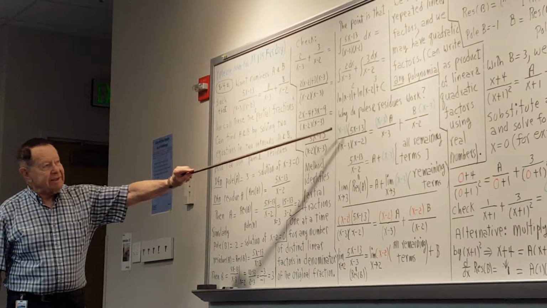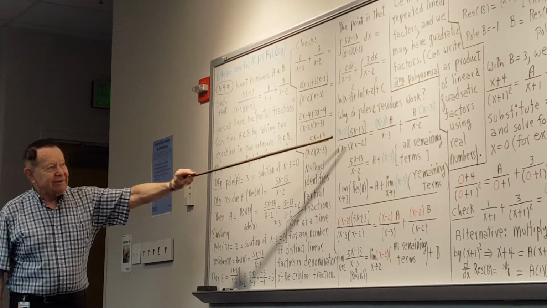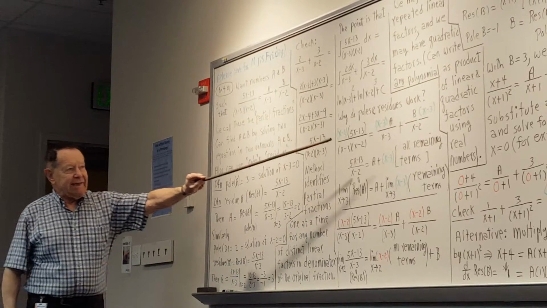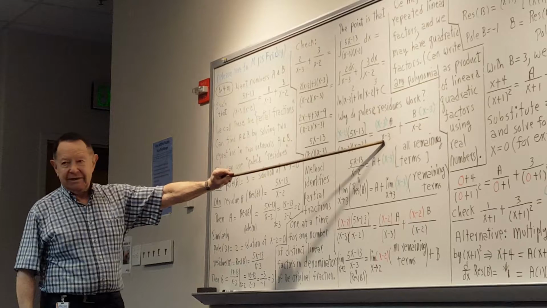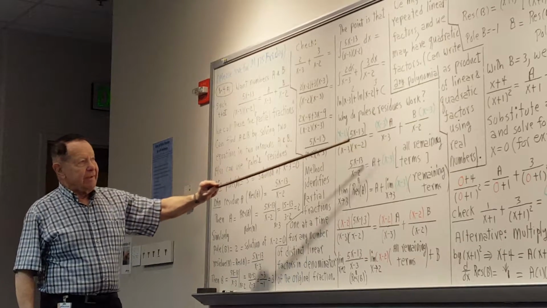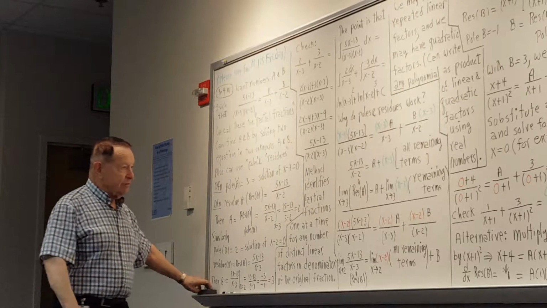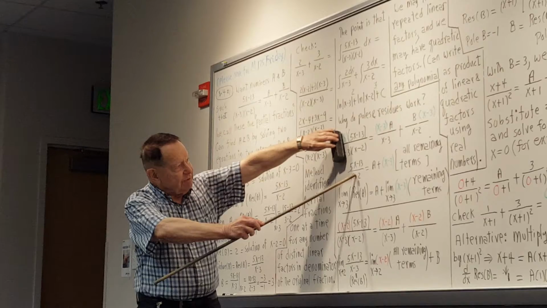So again, as to why poles and residues work, looking at it one more time: if you wanted A, you could multiply everything by the denominator of A and cancel over here, and when you do, you see what's left is your residue.